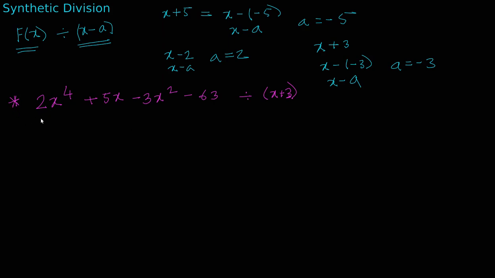I have to write down my f(x) in descending order: 2x^4, then the next term is -3x^2, then the next term is +5x, and then -63. So I have written all the terms in descending order.